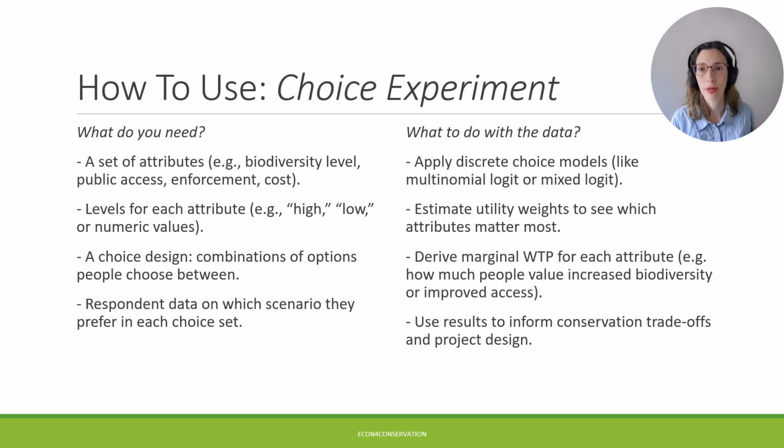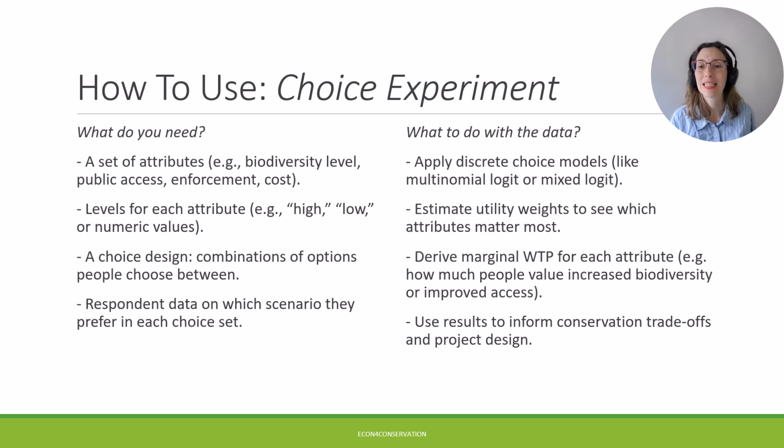In choice experiments, the first step is identifying key attributes of a conservation project, such as biodiversity levels, water quality, access, or enforcement. Each attribute has different levels, for instance, low, medium, high biodiversity. These attributes are combined into sets of scenarios and respondents are asked to choose between them.